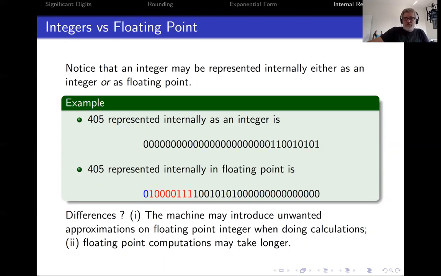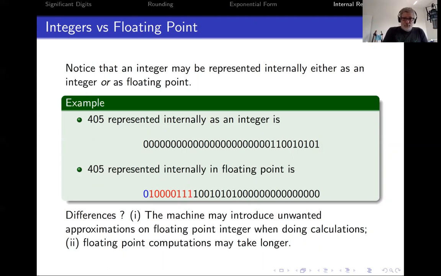You see it's completely different. So 405 as an integer is just straightforward binary. There it is, okay? There's a whole bunch of zeros at the beginning, obviously, because it's a small number. Now, if you write it in floating point, then you have to write in binary, in normalized exponential form, what's the exponent, what's the mantissa, and so on. This is what you're going to get.